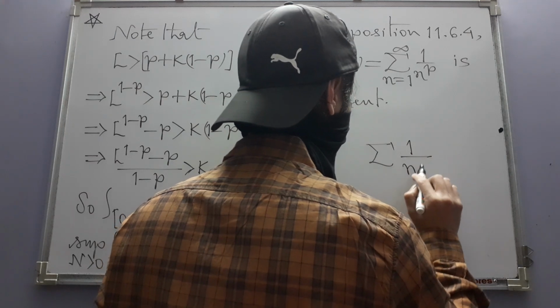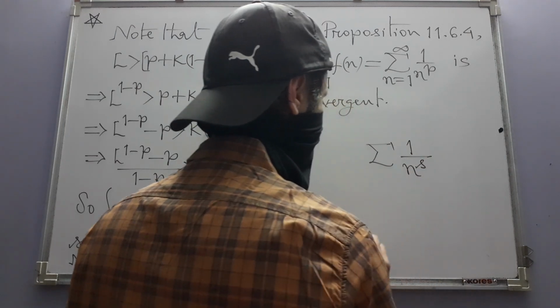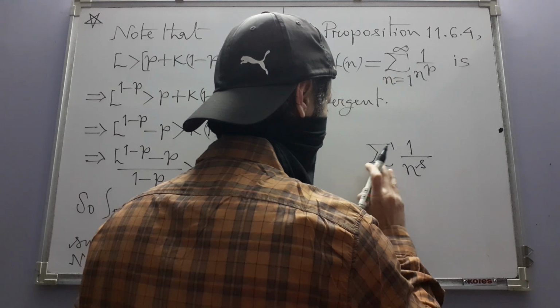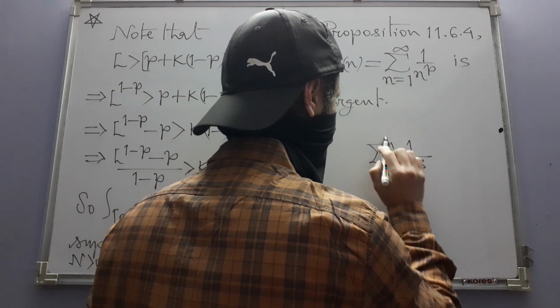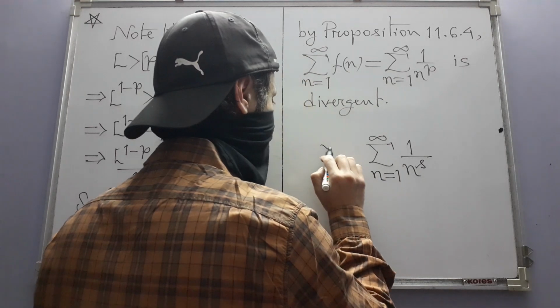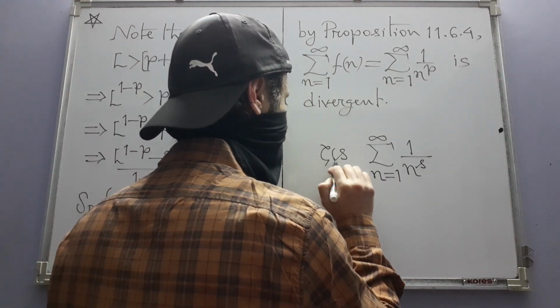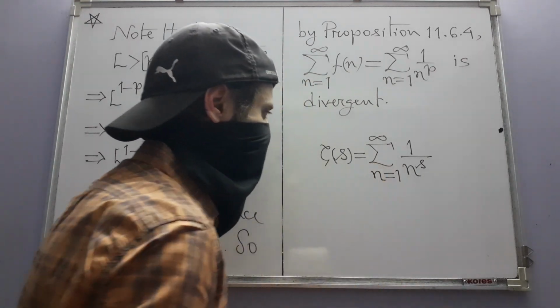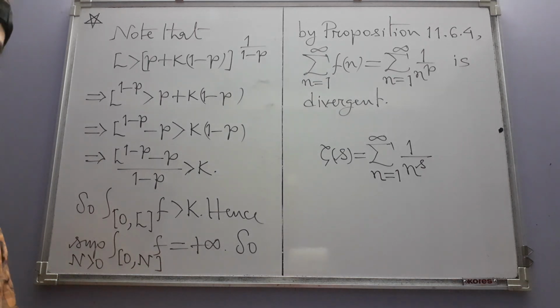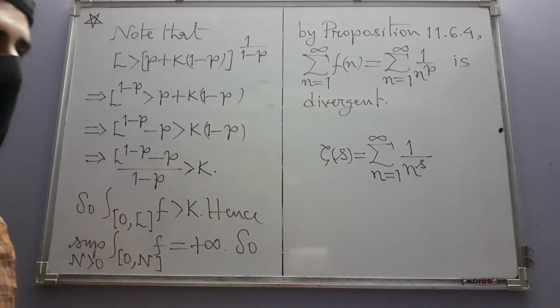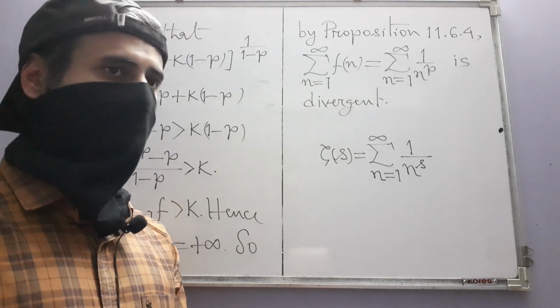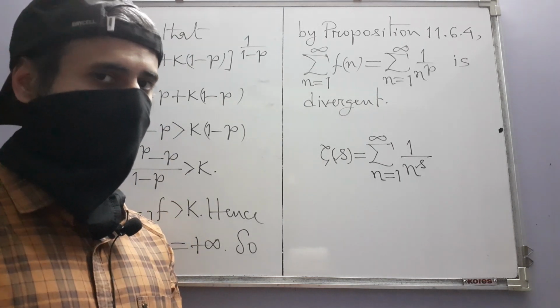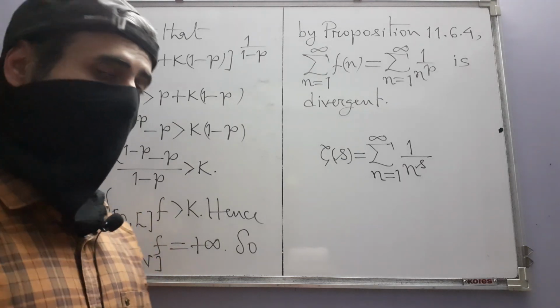Let me write, instead of P, let me write S, where n is equal to 1 to infinity, and we treat this as a function of S, where S is now a complex variable, then you get your Riemann zeta function. And the Riemann hypothesis is about this function, the zeros of this function.